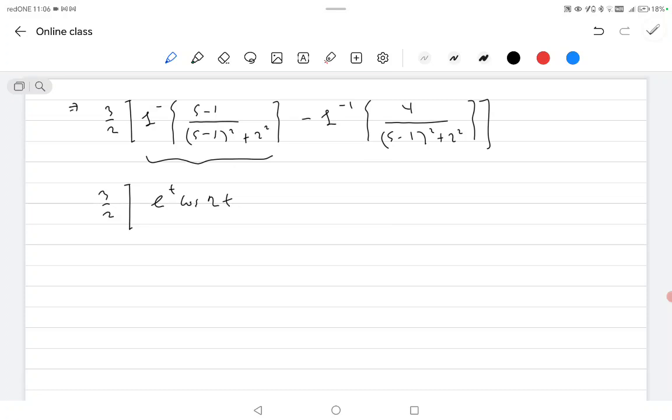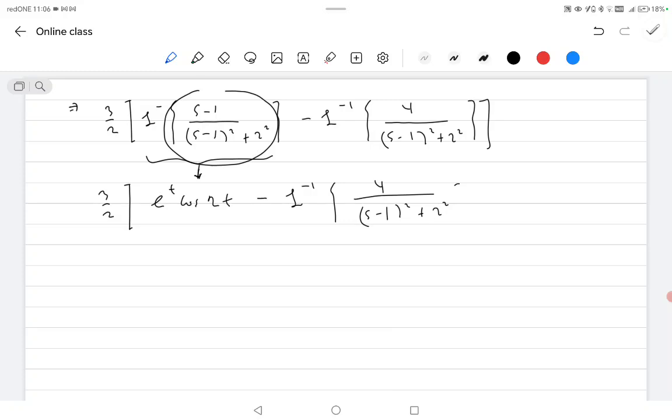This one, inverse Laplace of this one becomes this, and minus, we still have the inverse Laplace of 4 over ((s minus 1) squared plus 2 squared).